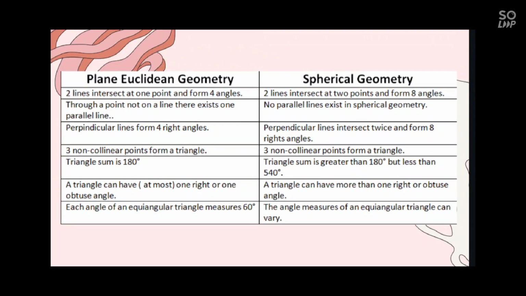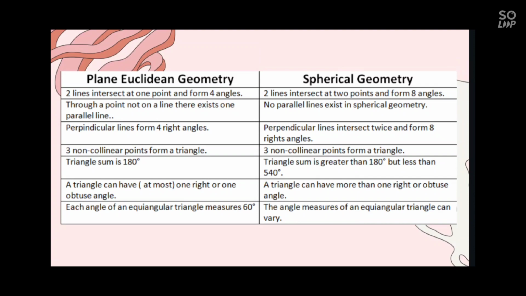In plane Euclidean geometry, a triangle can have at most one right or one obtuse angle, but in spherical geometry, a triangle can have more than one right or obtuse angle. And lastly, in plane Euclidean geometry, each angle of an equiangular triangle measures 60 degrees, but the angle measures of an equiangular triangle can vary in spherical geometry.